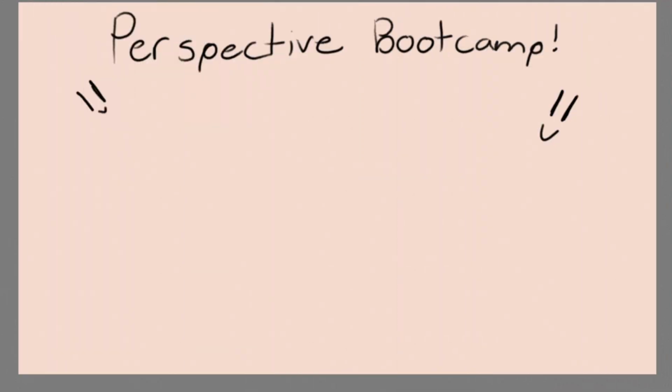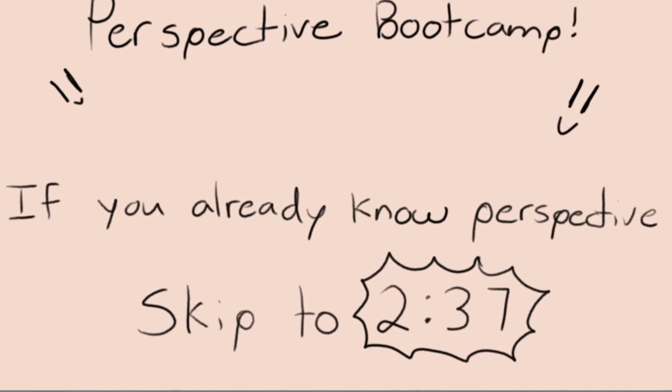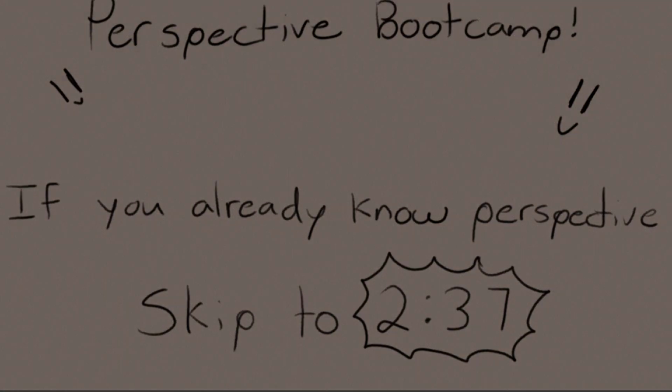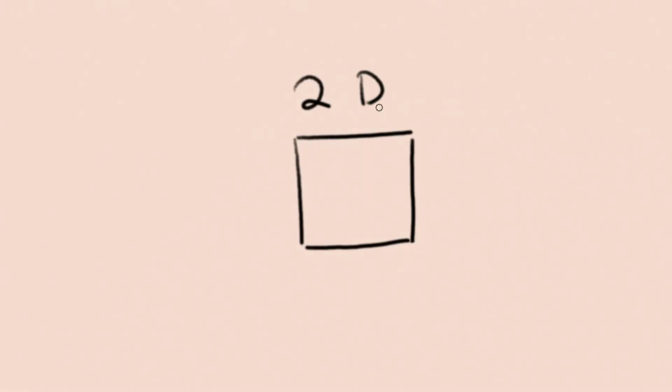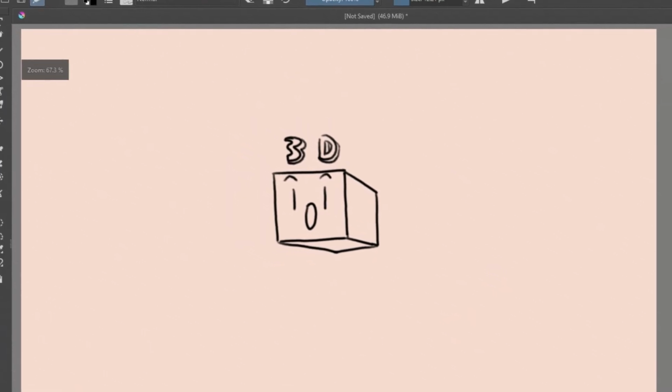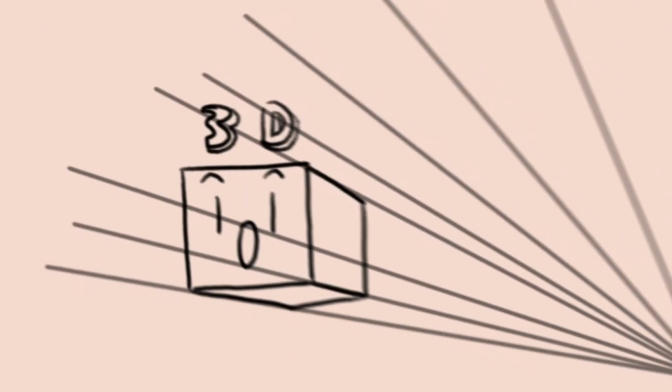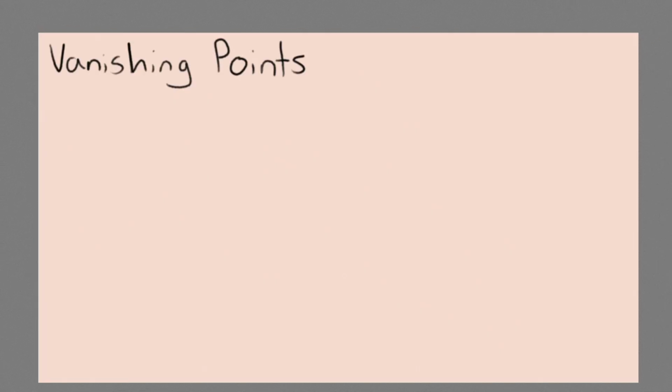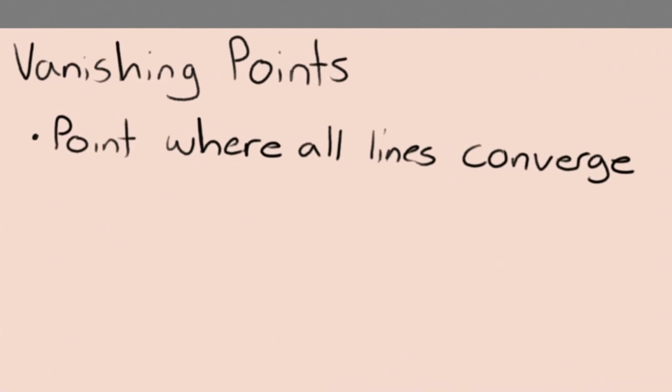Alrighty, so I'll just quickly cover vanishing points and what perspective actually is, in case you don't know. But if you do, feel free to just skip ahead in the video to when I actually start talking about tips and tricks. So, perspective is essentially just turning something from a 2D flat object into a 3D object. And how do you do this? By vanishing points. Vanishing points are the points where all the lines in a drawing will eventually converge.